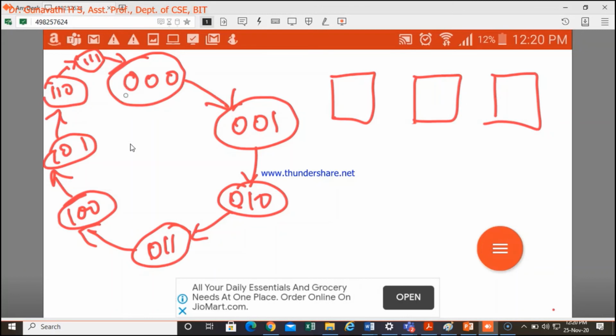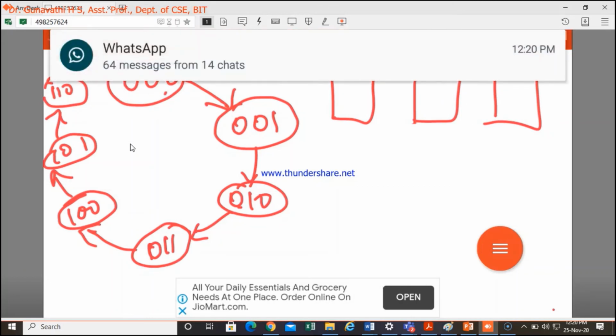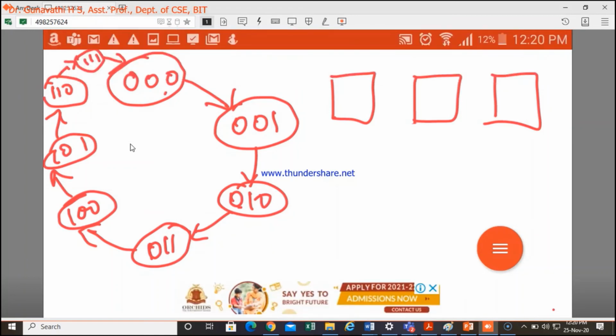So here, this is the most significant bit, this is the least significant bit. Where you write the most significant bit decides the design of the flip-flops. It's not mandatory where to write the most significant bit and where to write the least significant bit, but you should be very careful.